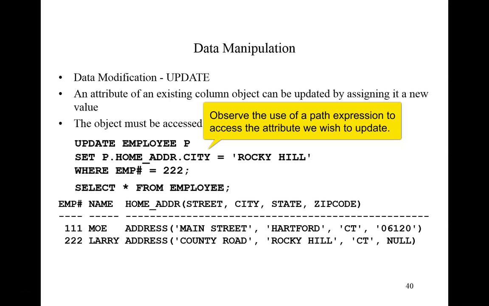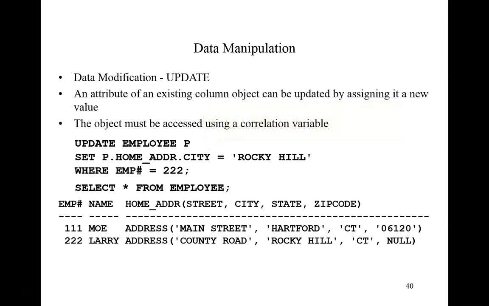We then use P to qualify our reference to home address, specifically the city attribute, by using a path expression, p.homeaddress.city, and set that to a specific value of an appropriate data type. Here it's a character string. And we localize the effect only to the row where the employee number is 222. If we query the employee table after the update, sure enough, we see the modification that employee 222, Larry, now lives in Rocky Hill.